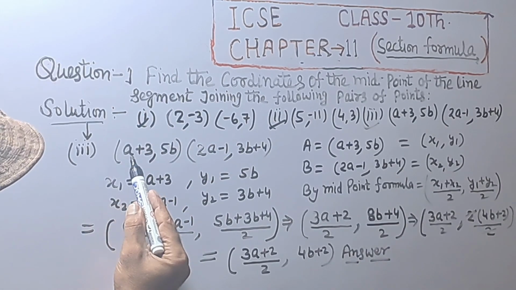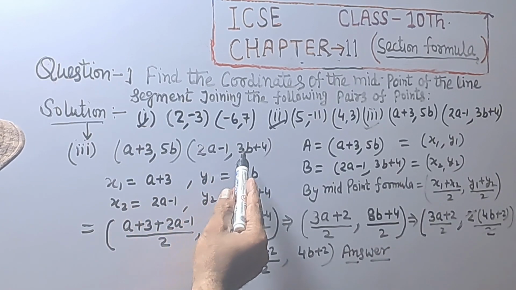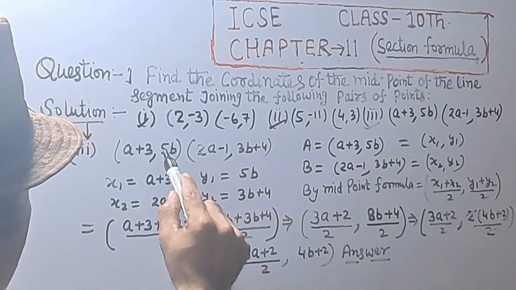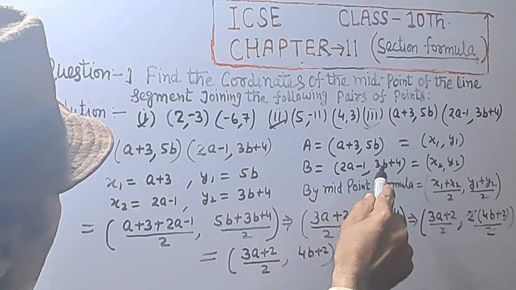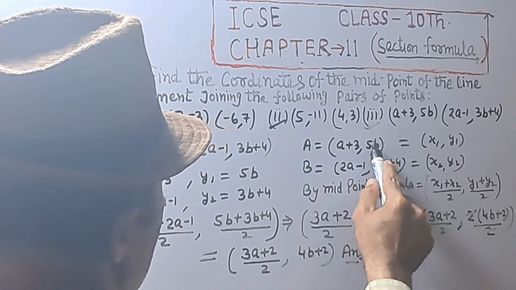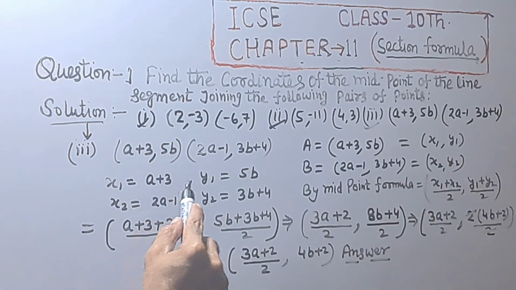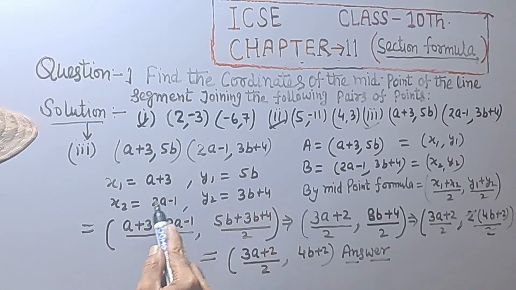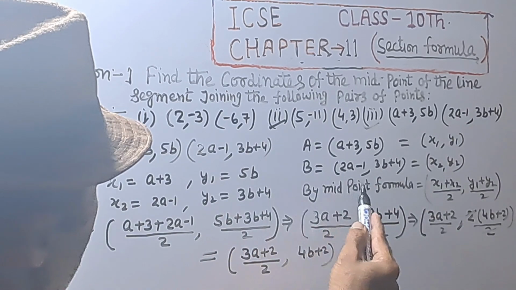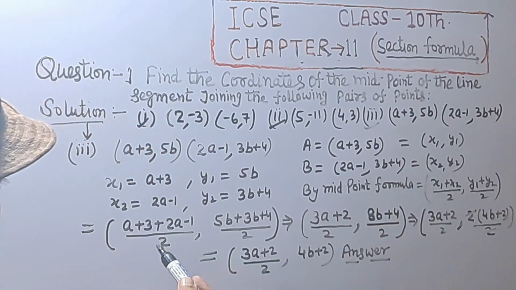Given points are a plus 3, 5b, 2a minus 1, 3b plus 4. Let A is equal to a plus 3, 5b and B is equal to 2a minus 1, 3b plus 4. That is x1, y1 and x2, y2. By midpoint formula, x1 plus x2 upon 2, y1 plus y2 upon 2.